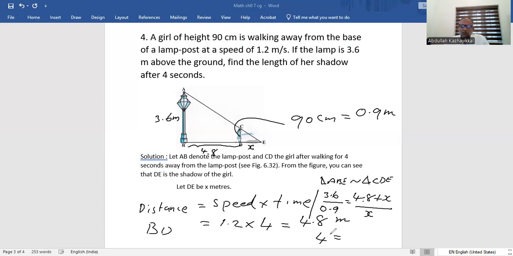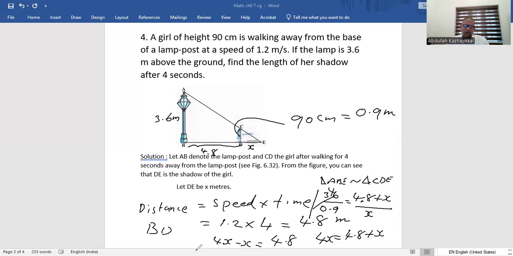So 4 is equal to, next step, multiplication: 4 into X, 4X is equal to 4.8 plus X. Now 4X minus X is equal to 4.8.